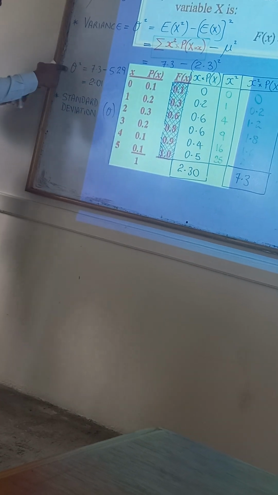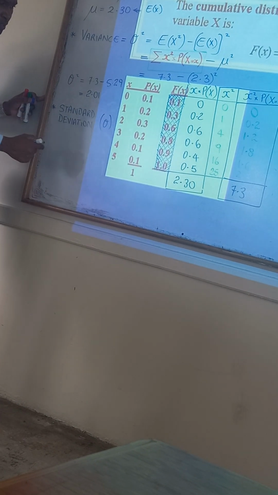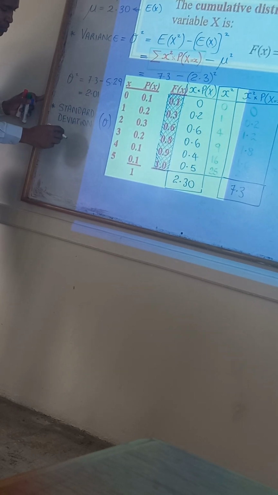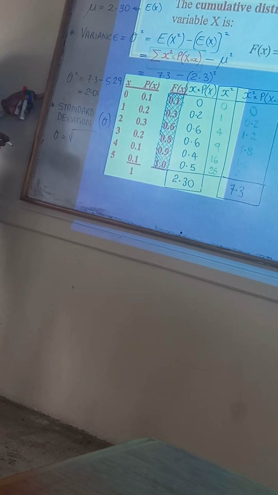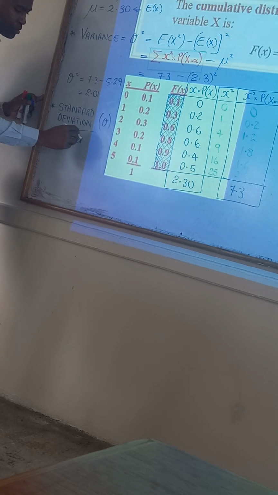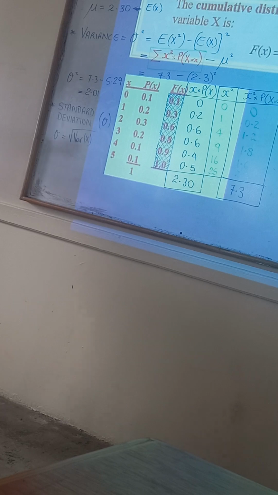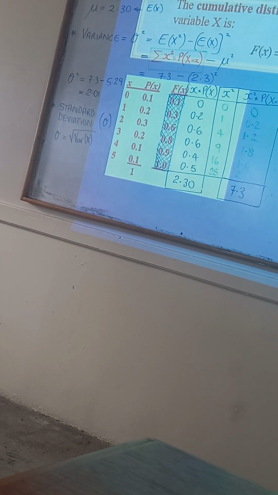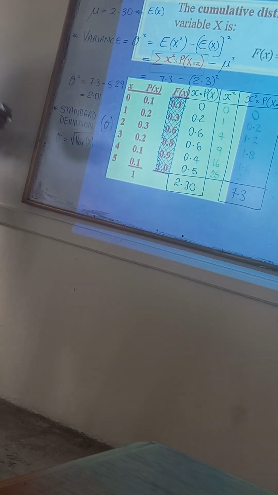Sigma squared is the one for variance, right? Population variance, population standard deviation. How do I find my standard deviation? You remember? It's the square root of the variance. This you know already. The standard deviation is always the square root of the variance. So if you want to find the standard deviation, you have to find the variance first, and then you find the square root.